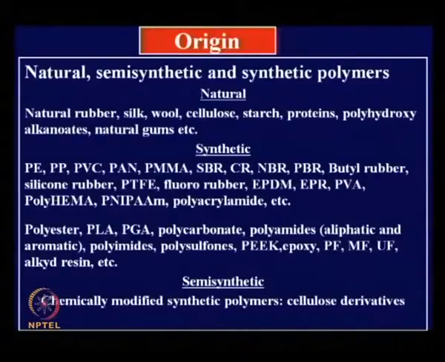This polycarbonate is a polymer, it is a transparent polymer, colorless transparent polymer, or you can make it colored also. It is strong, it is resistant to degradation at elevated temperature. So, these are used for making baby feeding bottles which can be sterilized.